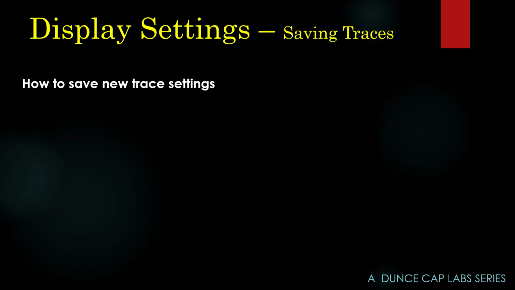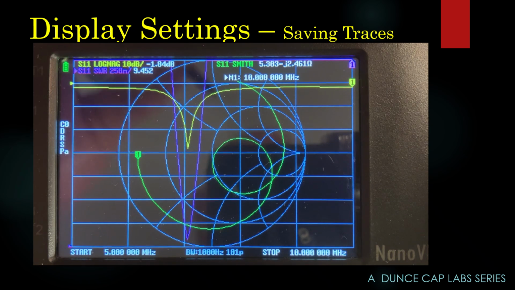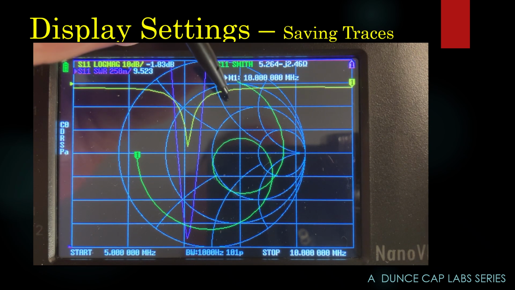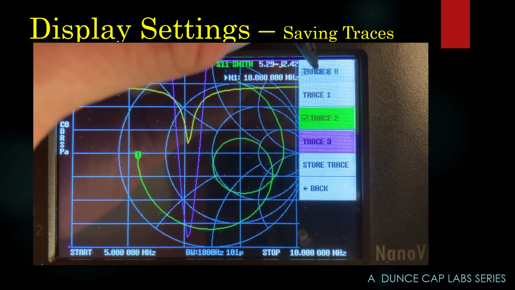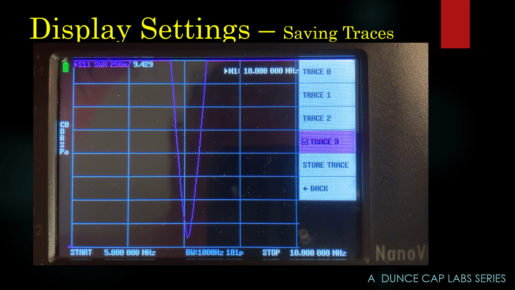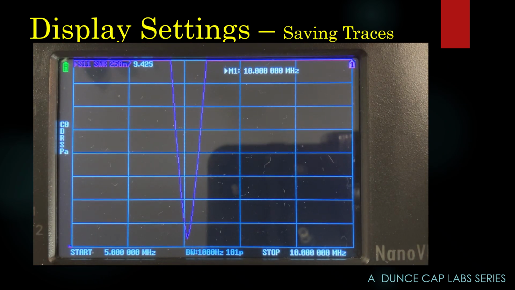So if you made some changes and you like what you did and you want to save them, how do you do that? Well, that's what this video is all about. Now, what if you have this display, you make your changes, whatever they are, and you're happy with that, and you decide you want to save that.